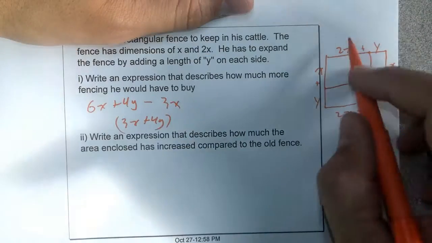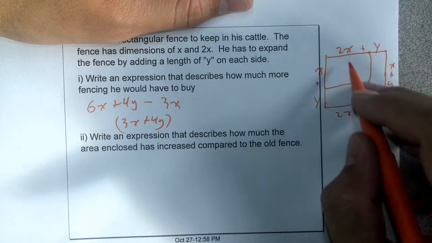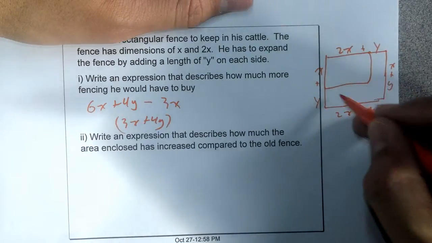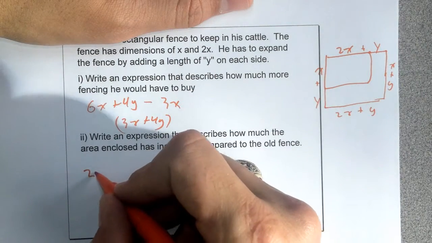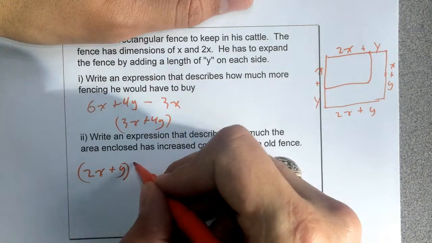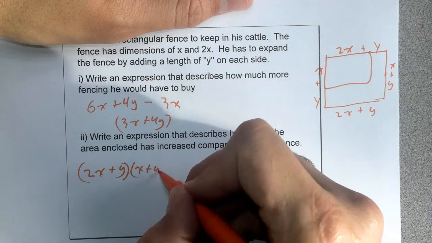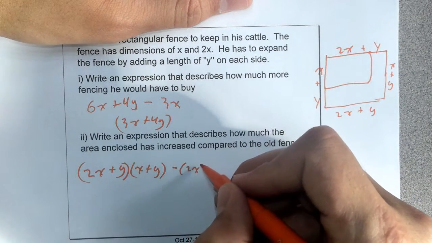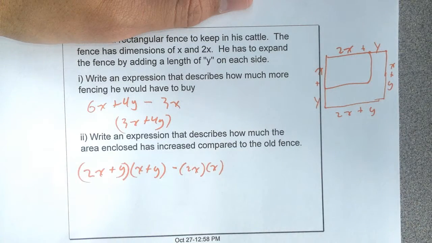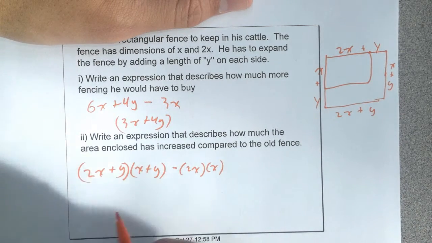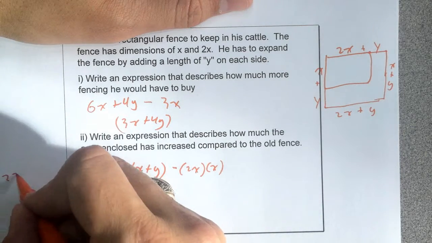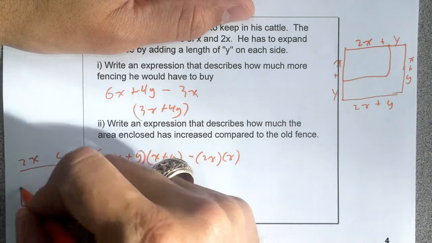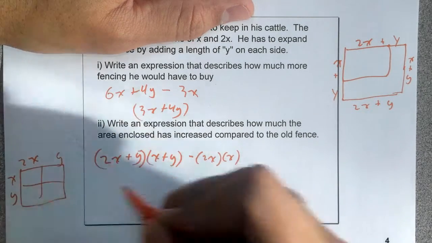Okay, to compare the areas, we're going to have to multiply the big sides by the little sides to compare them and subtract. So I need to start with the area of my new big rectangle. So we have 2x plus y, and we have to multiply that times x plus y, and we have to subtract the area of the inside. Area of the small one is 2x times x, and we can go ahead and simplify that. Well, if we have 2x and y, then we have x and y here.